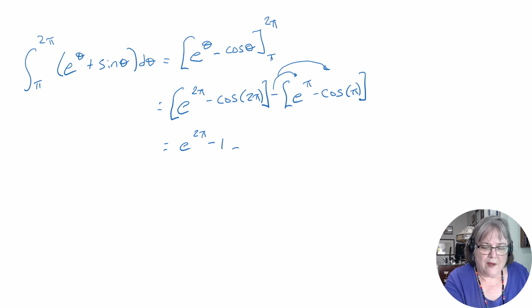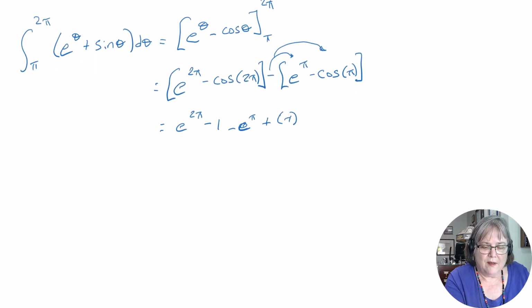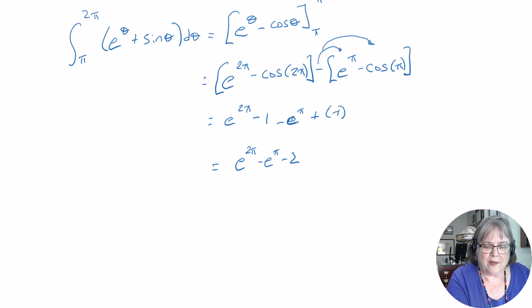So you'd have minus e to the pi plus, and cosine of pi is negative 1. So you have e to the 2 pi minus e to the pi minus 2. And you could try to manipulate this, factoring e to the pi out of the first two terms or something. And if they want you to approximate it, you can, but we're going to leave it right there.